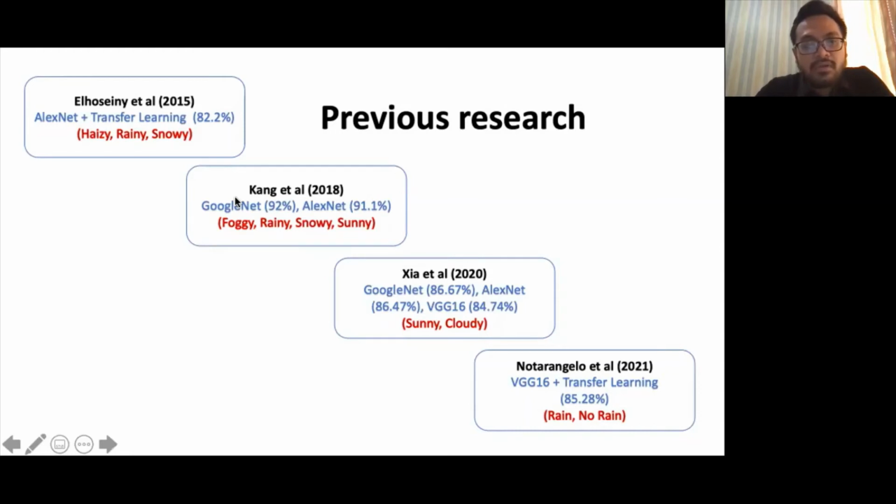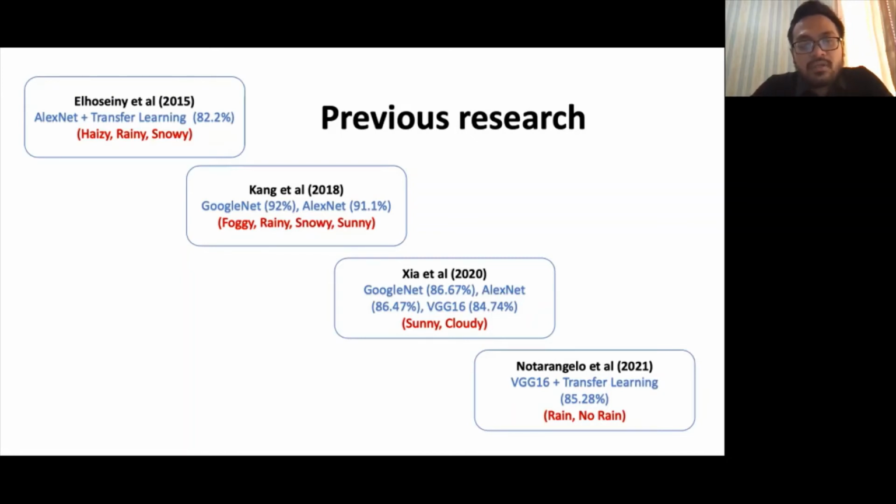Then Kang et al. in 2018 used GoogleNet, which reached around 92% accuracy, and they also used AlexNet, which reached around 91.1% accuracy. Their dataset consists of four weather classes: foggy, rainy, snowy, and sunny.